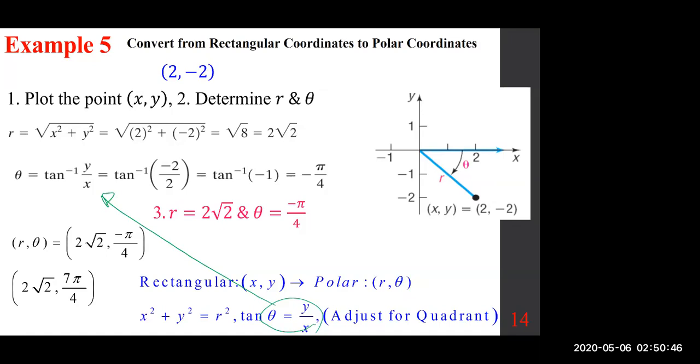So in this case, I'm just adding 2 pi, okay, class? Now, if I want to change this to negative 2 square root of 2, I'm going to add only pi. Do we have to do that? Absolutely not. I'm just showing you that in case. Okay, class?